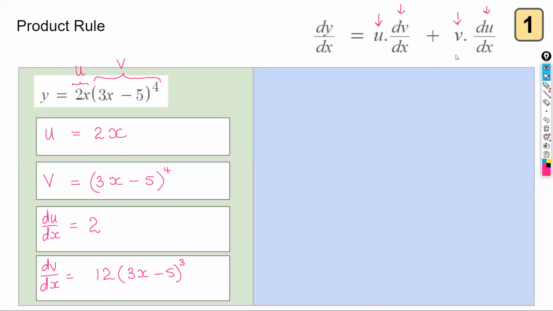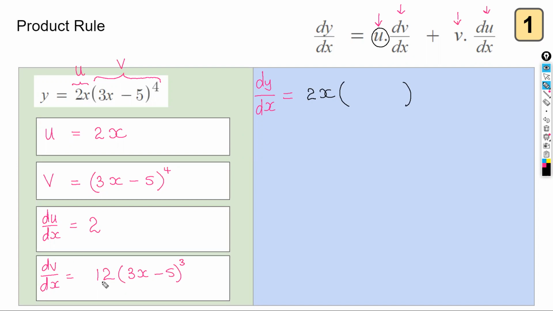So let's put everything together now. To find dy/dx, we have to put all 4 things together. The first one is u. How much is u? Well, we have u here. U is 2x. And then we have to multiply it by dv/dx, right? Now, if I'm going to multiply it, I'll just put dv/dx in brackets.